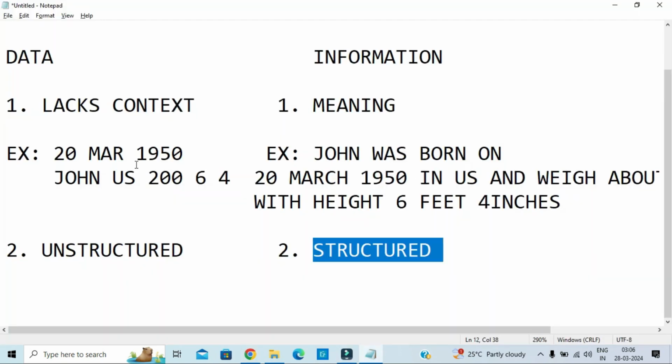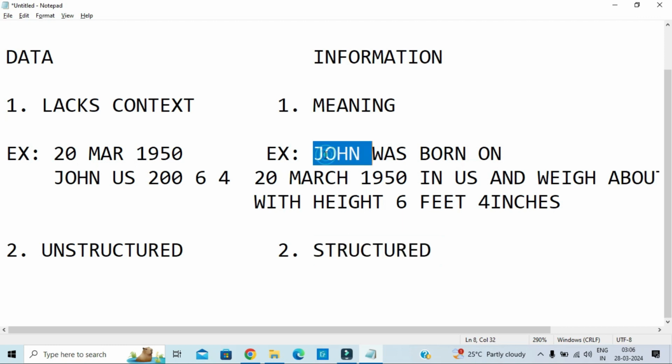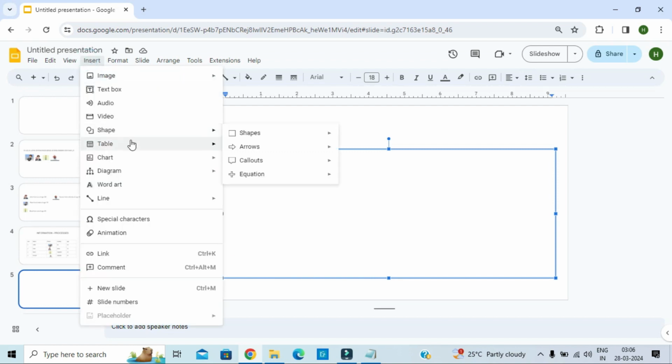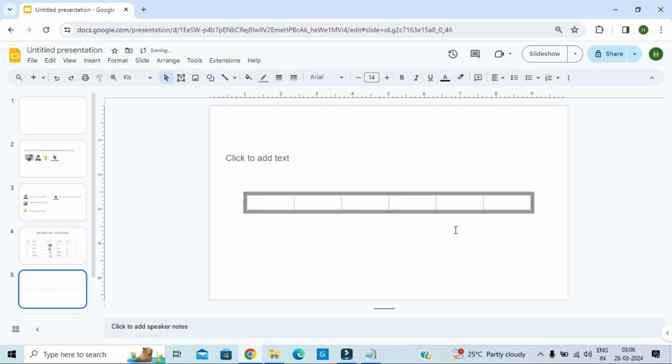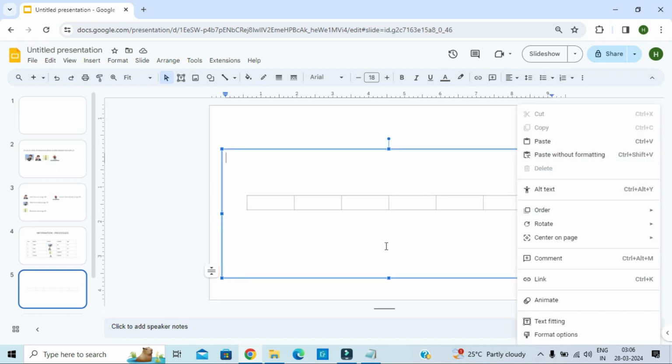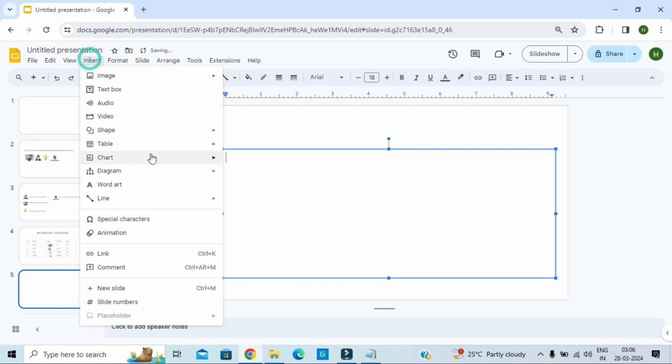There should be columns for serial number, name, date of birth, country name, height and weight. So I'm going to create a table with 6 columns and 2 rows.